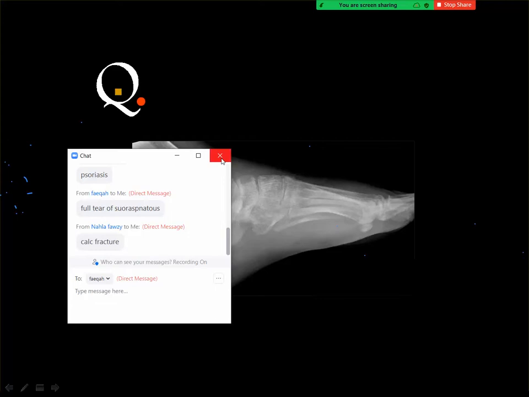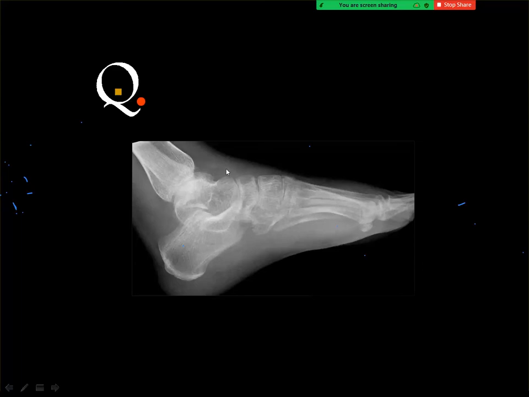Any other possibility? And this is normal foot. Okay, we can look here, and if you look carefully, then you can see that there are some erosive changes in this particular area, and you get some decreased bone density in the tarsal bones.